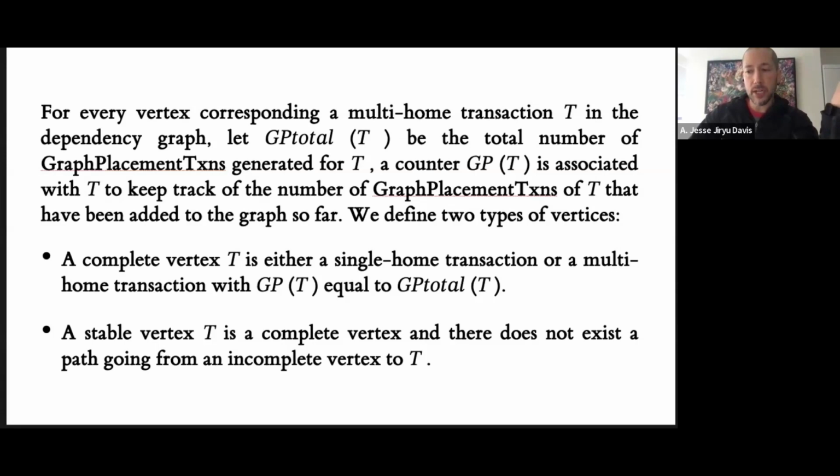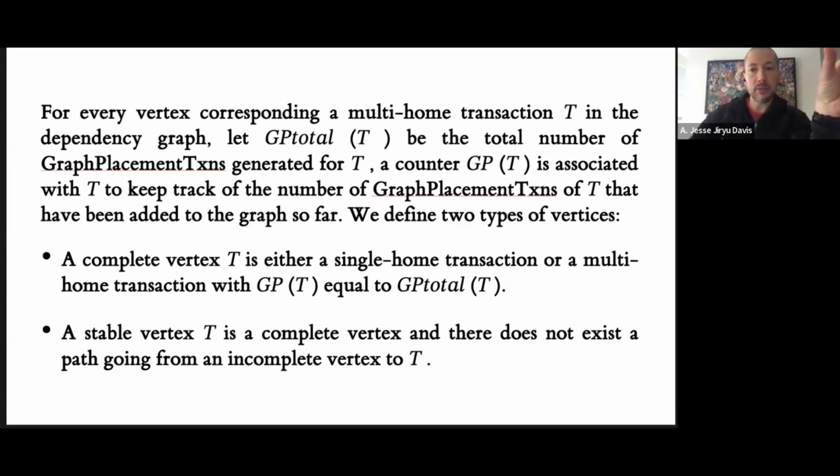So this is when the scheduler in one region is deciding when a transaction is ready to go. It's waiting for all of those graph placement transactions from all of the regions to be asynchronously replicated back to this region so that it knows that it has all of the information it needs for T. So a complete vertex is either a single home transaction or it's a multi-home transaction with GP equal to GP total.